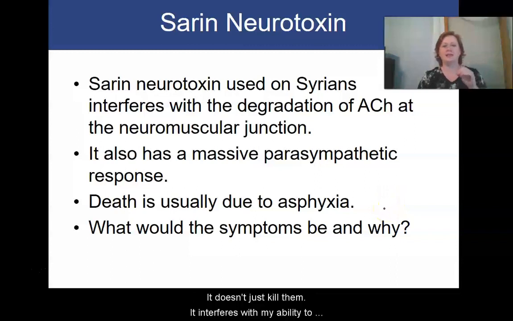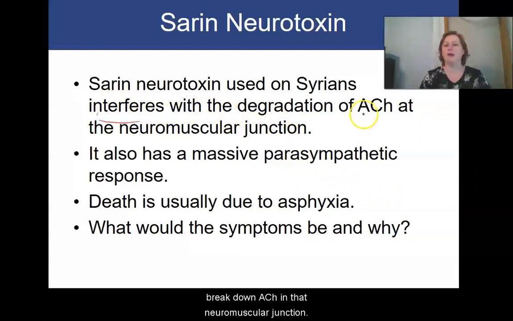It doesn't just kill them, it interferes with my ability to break down ACH in that neuromuscular junction.